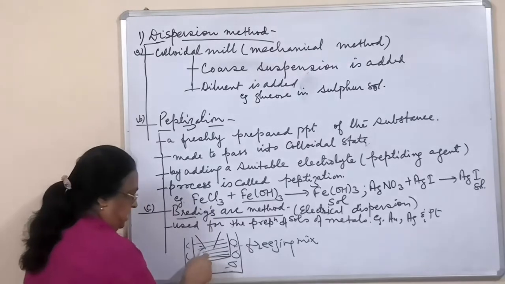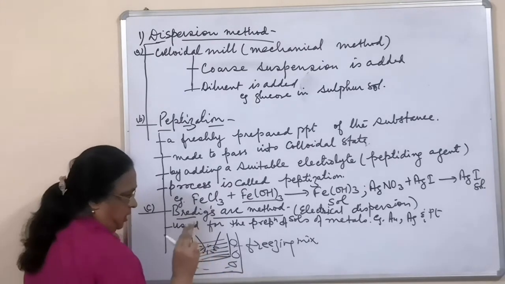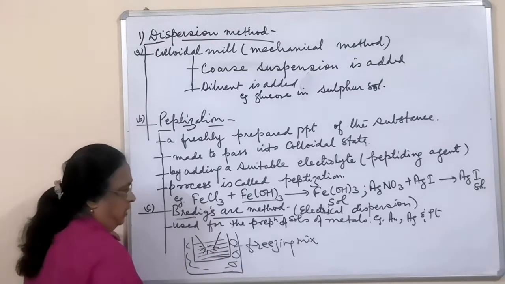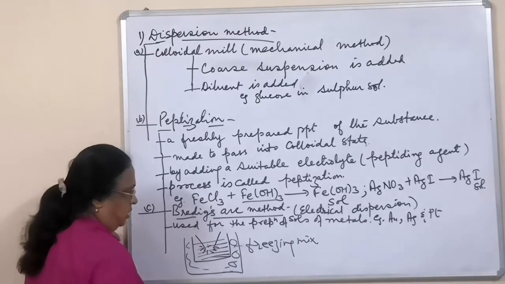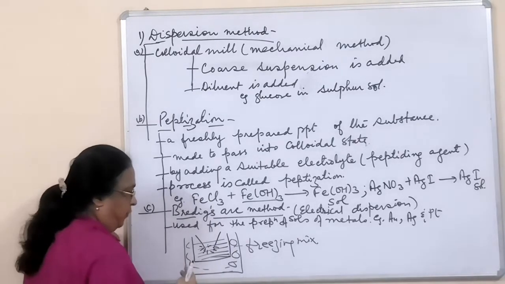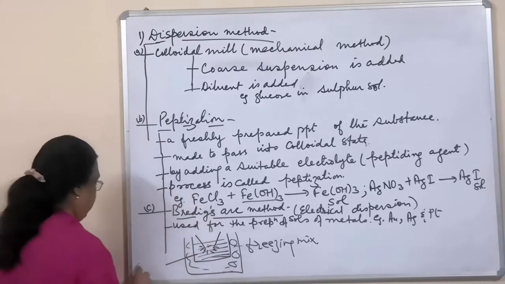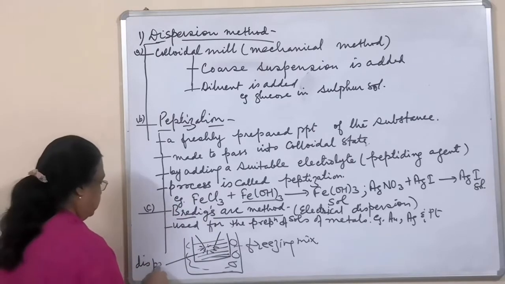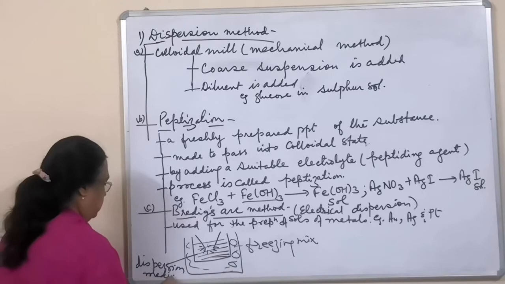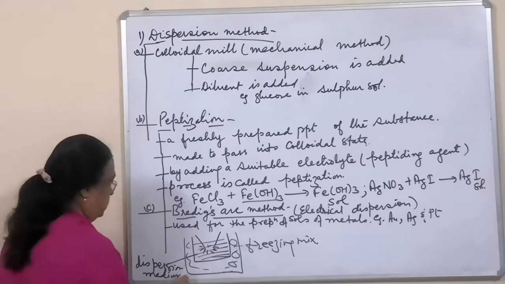When they touch, sparking takes place, and from the tip the metal attains a very high temperature and is turned into its vapor form. So vapors of that metal are formed, but they remain in the dispersion medium in which the rod is dipped, and the spark is obtained in the dispersion medium.